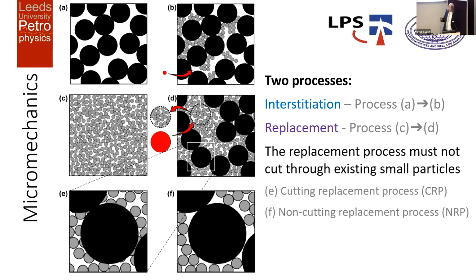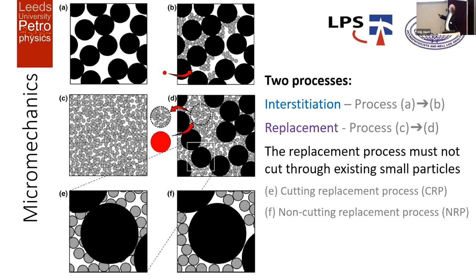Now, of course, when you do that, then you're cutting out both solid material and porosity to replace it with solid material, so you're reducing the porosity. But you're not doing it in the same sort of efficiency as just by adding grains into pore space. So the two processes are mathematically different.